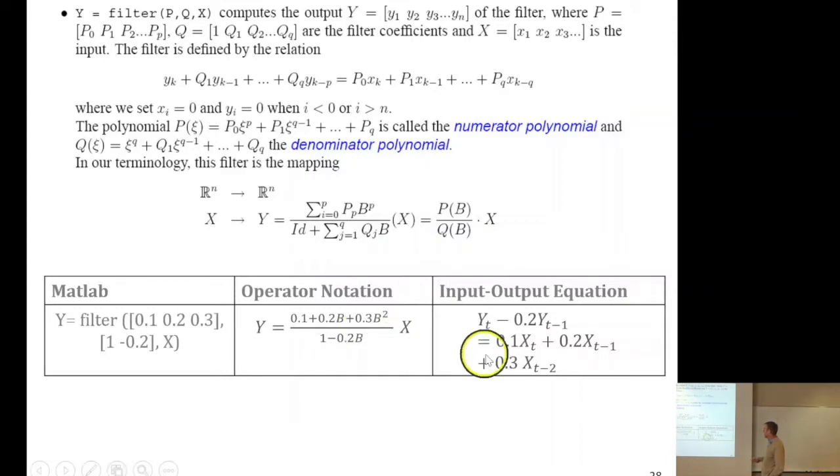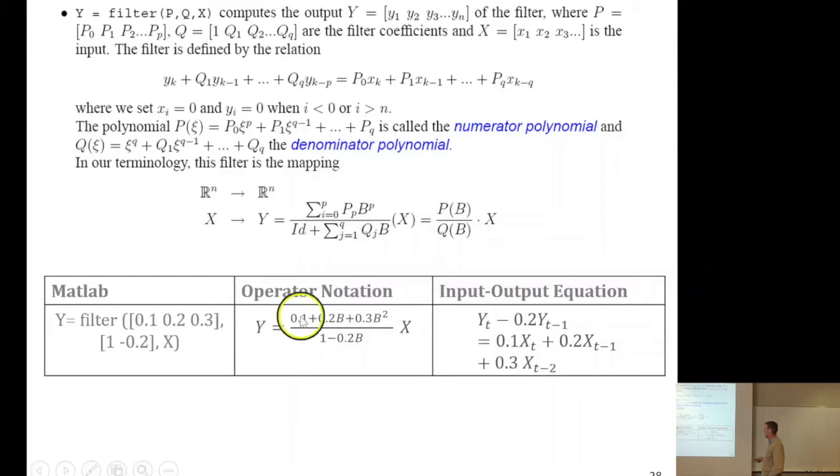They will say that the polynomial is 0.1x squared plus 0.2x plus 0.3. This is why very often, if we don't want to do this change of order, we will consider that it's a polynomial in some formal variable called z^-1. So you will see z^-1 everywhere.